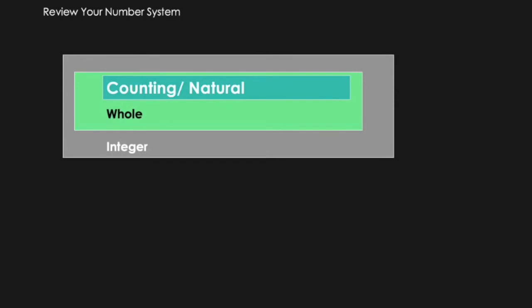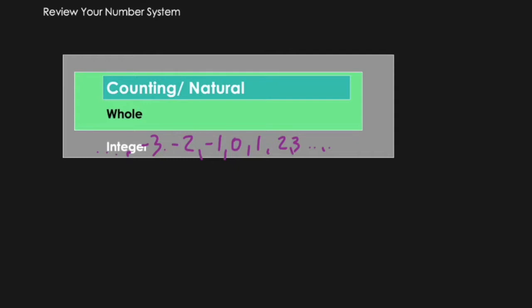It expanded to include the negatives. It still includes 0, 1, 2, and 3 going forever in this direction, but now it includes the numbers going -1, -2, and -3, and forever backwards. So now the integers, which includes the whole numbers and the counting numbers, include all the positives and negatives.